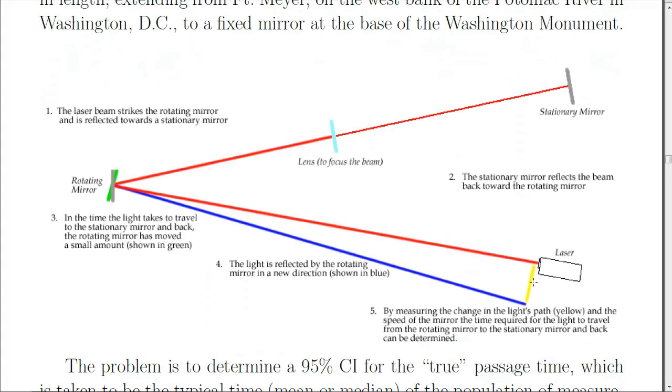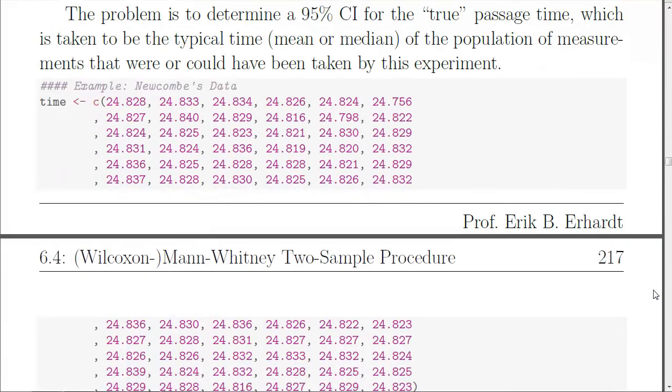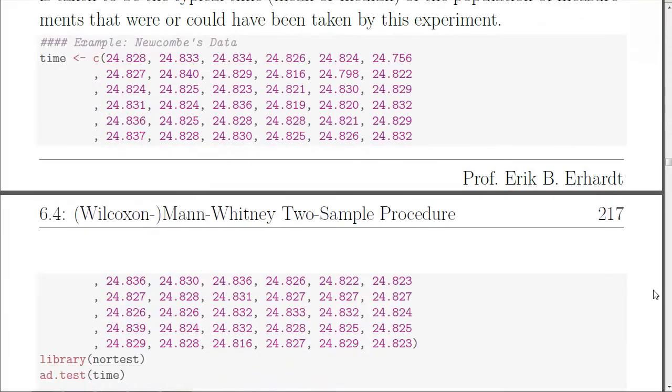That difference, if we know the speed of the rotating mirror and the total distance, gives us information about the speed of light, how long it took to travel that path. So, a cool setup.